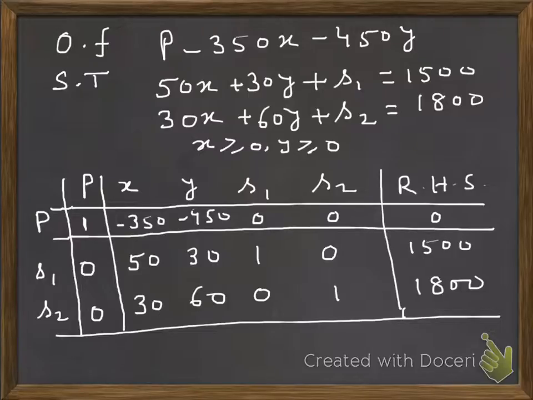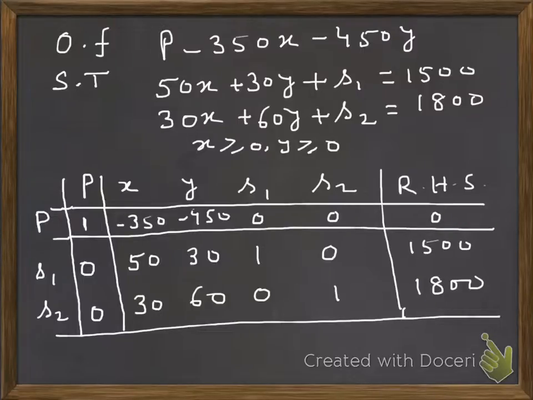Best way to understand basis is to understand that this is something like a storeroom, and at the initial stage you have only the raw materials in the storeroom, and there is no product right now. It is important that we should be able to read the simplex table. You take the left hand side, that is P, S1 and S2, and their values are given by the right hand side values.